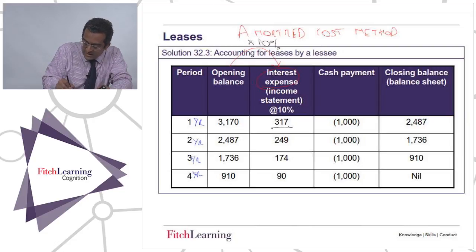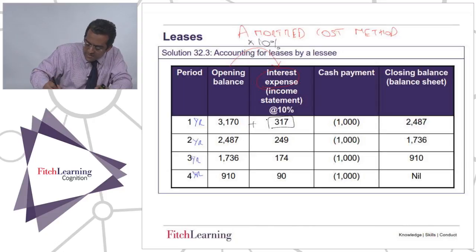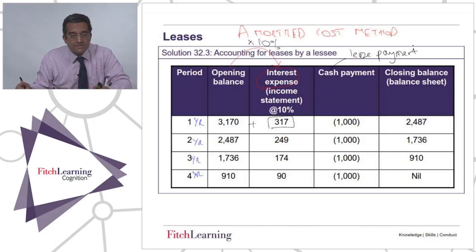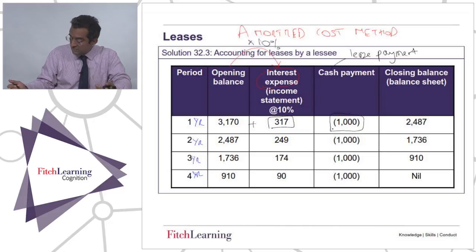Okay, so that's adding to the liability. And then the cash payment is just the lease payment itself. In this case, we have 1,000, don't we, in every case. So take off 1,000. And that then will amortize some of the principal.